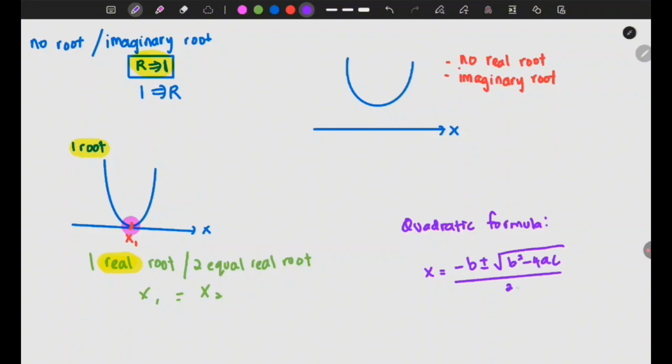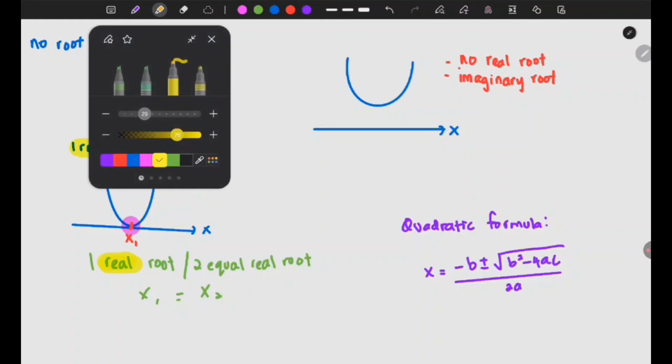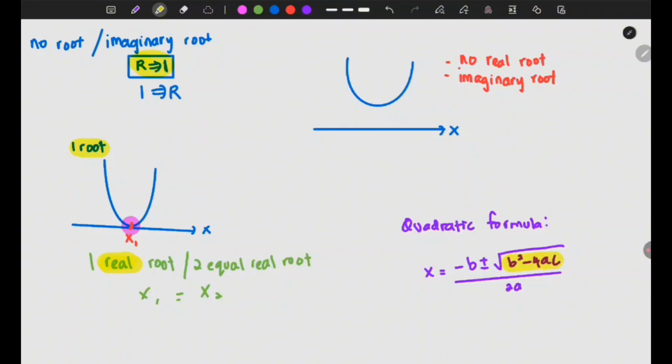And the equation actually comes from here, which is this one, b square minus 4ac. To represent the type of roots for every graph that I mentioned here, we will use the b square minus 4ac.